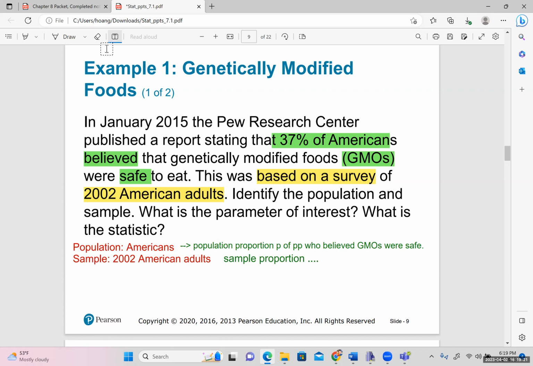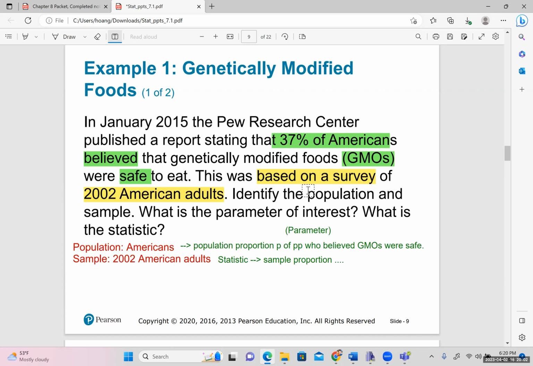So I would say up here is the parameter, and this will be the statistic.